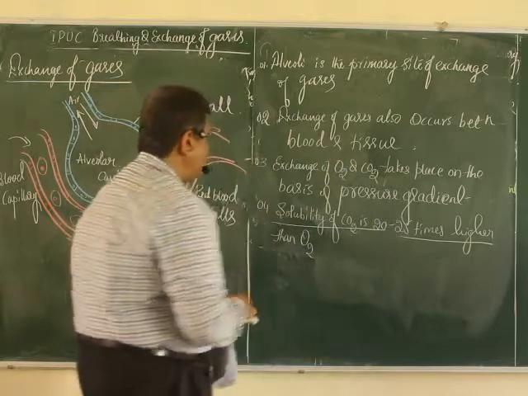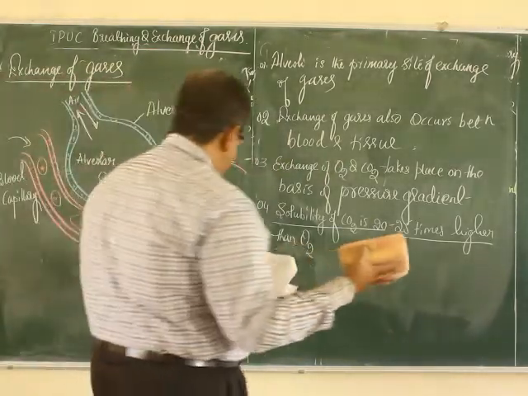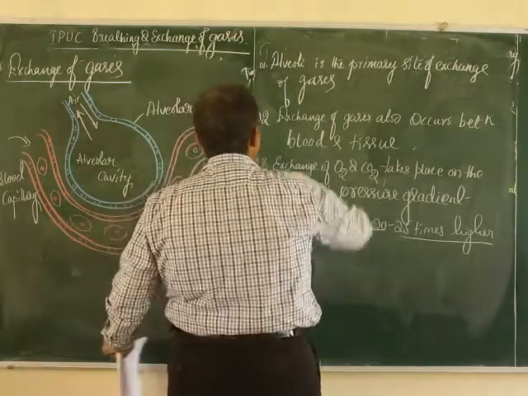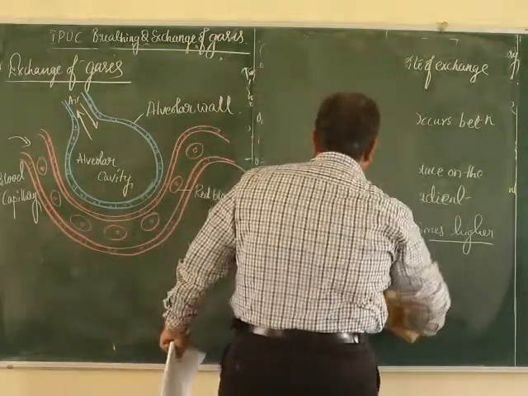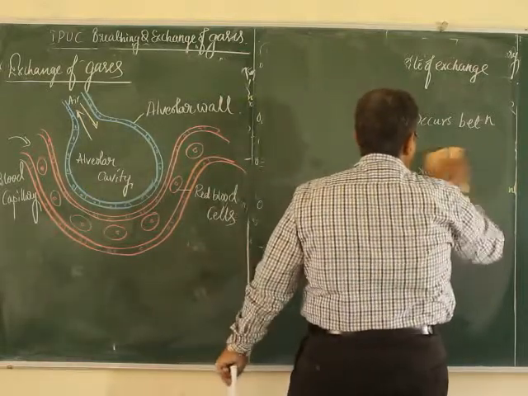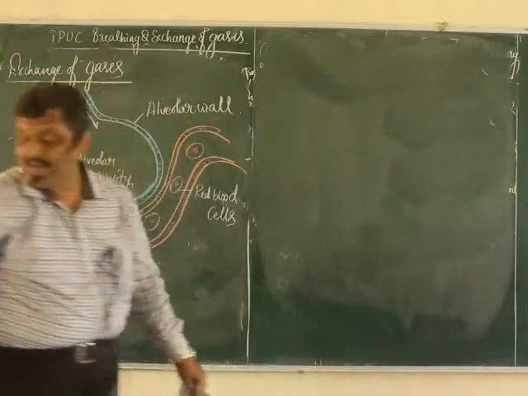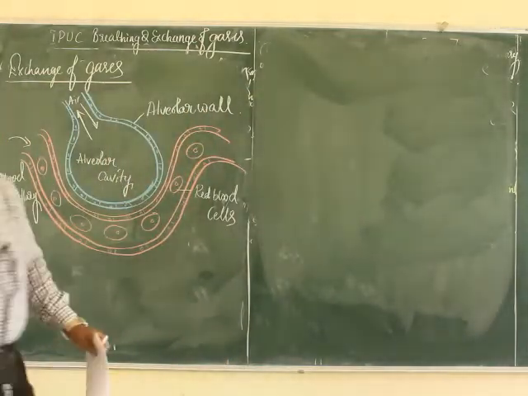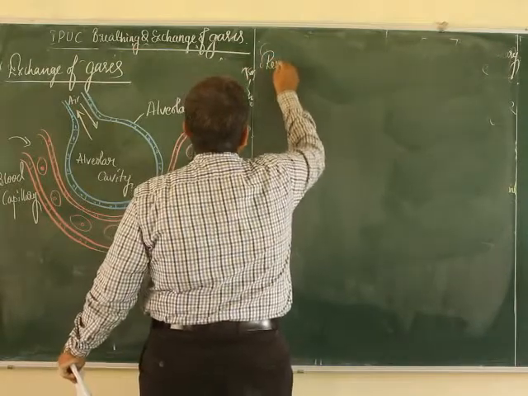It is quite natural. Now, there is a membrane called the respiratory membrane through which the exchange of gases takes place. I want to clear that concept to you. Respiratory membrane, what is it?